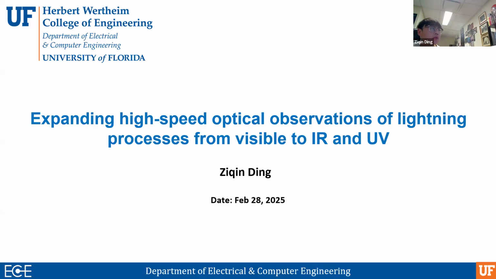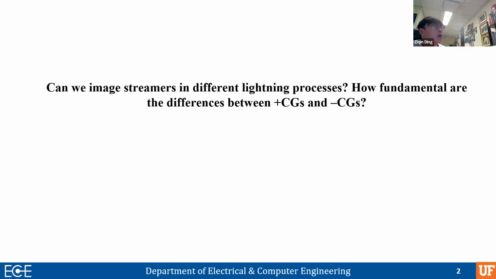So today we will discuss several questions. First, can we image streamers in different lightning processes, and how fundamental are the differences between positive CGs and negative CGs?